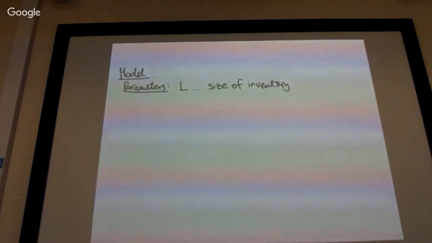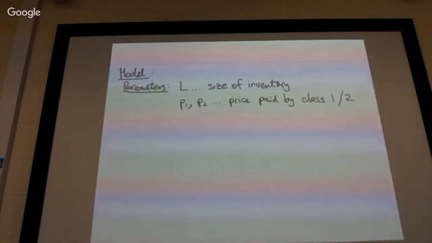We know the two prices, so P1 and P2 is the price paid by the respective two classes of passengers for the same ticket. And then we know the demand.